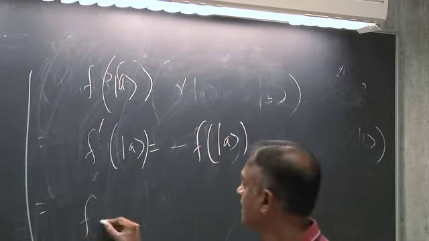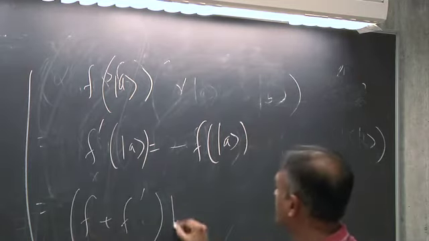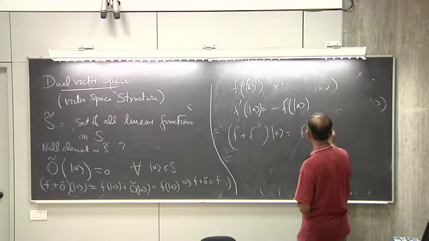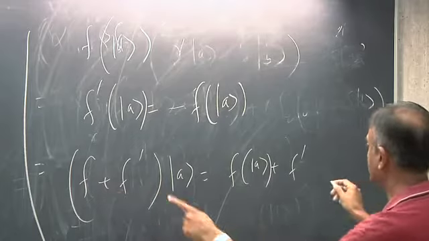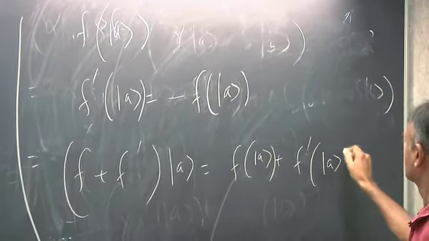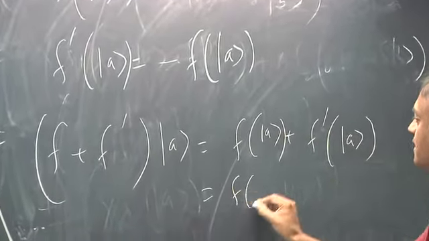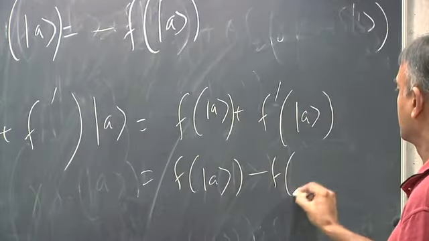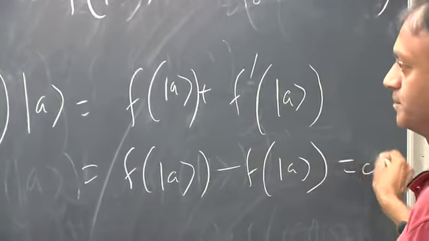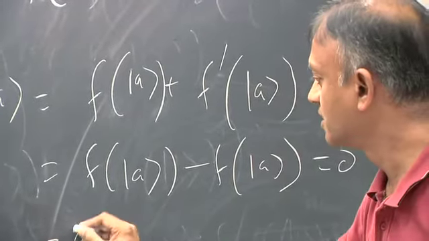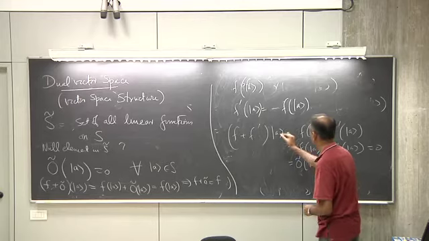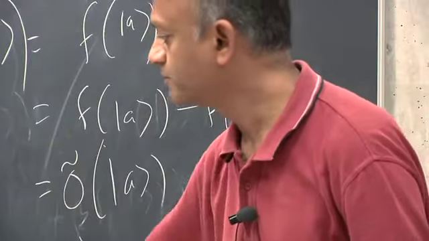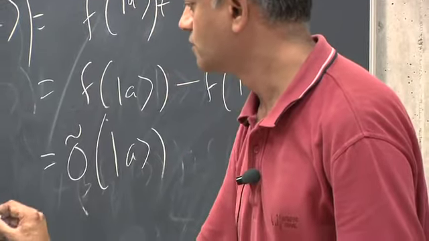Because then f plus f prime acting on A is simply equal to f of A plus f prime of A by the rule of addition, which is the same as f of A minus f of A, which is 0, which is the same as 0 tilde acting on A. So that tells me that f plus f prime is equal to 0 tilde.